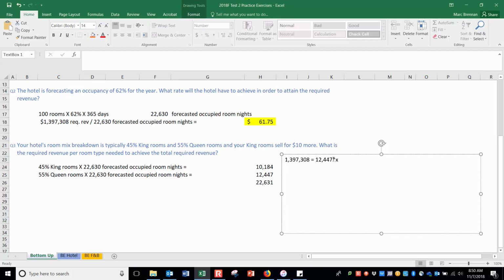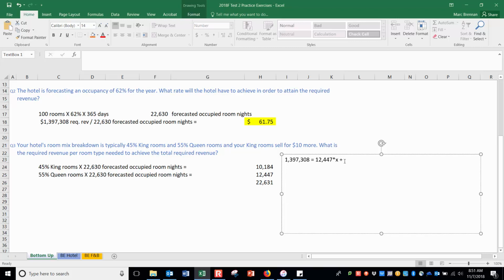Now, the reason why we're starting with queen is because we add $10 more to king. So we need to first find our queen room ADR, and then once we know what X is, we can just add $10 to find out what my king rooms sell for. Okay. So of this required revenue and these forecasted occupied room nights, 12,447 rooms are going to be queen rooms times a certain ADR.